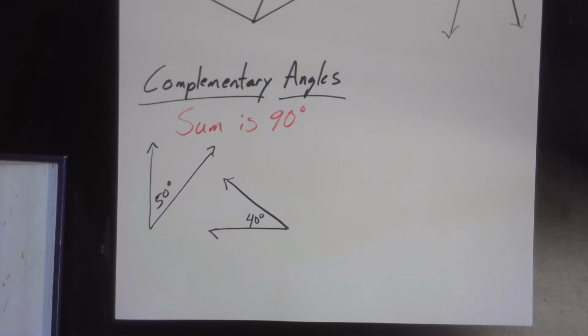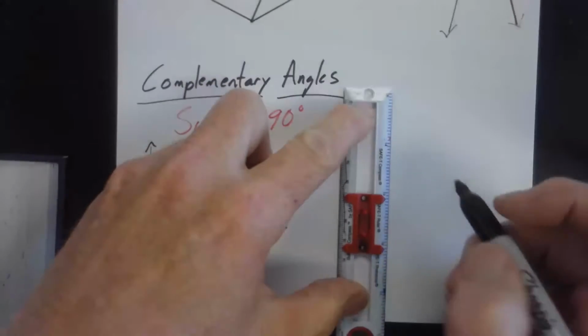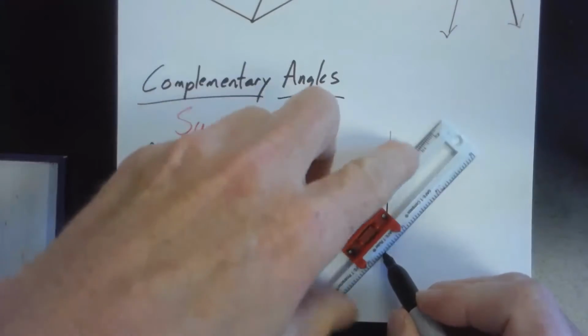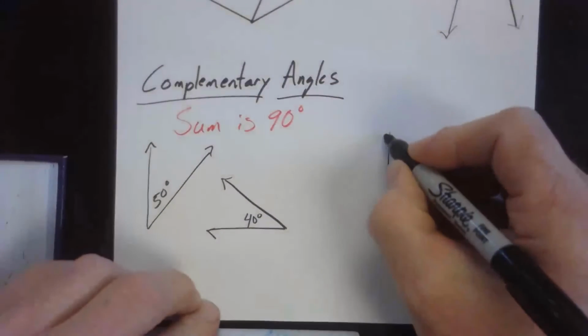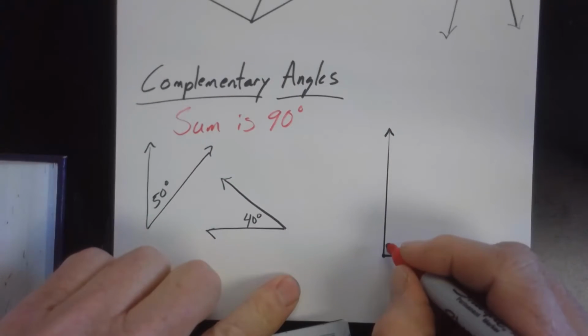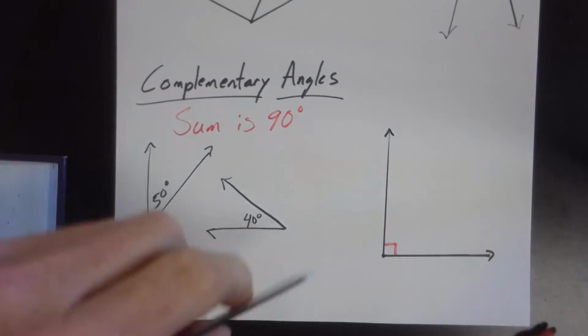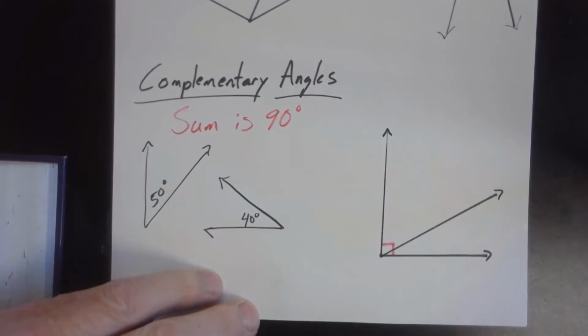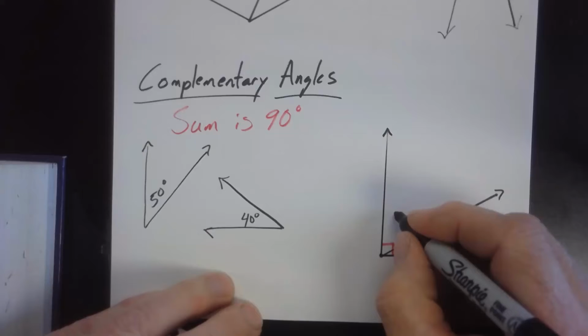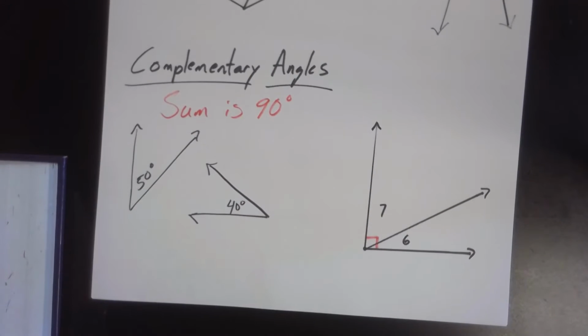Their sum is 90 degrees. So what about angle 6 and angle 7 here? Can you see that their sum is going to be 90 as well? So we all see the right angle marker here, right? Which tells us that's 90.